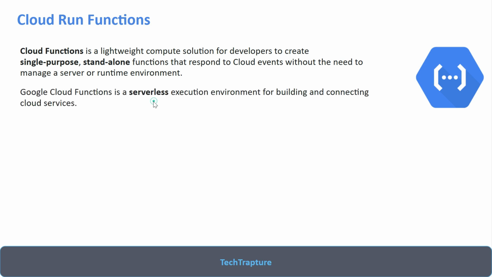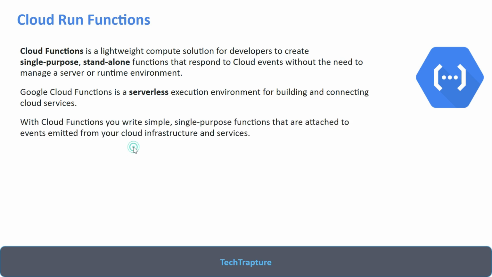Cloud Functions is a serverless execution environment for building and connecting cloud services. It integrates very smoothly with all the cloud services, and you can capture any cloud event and trigger code based on that event. You can write a single-purpose function that is attached to events, and once your event happens it will execute your code.